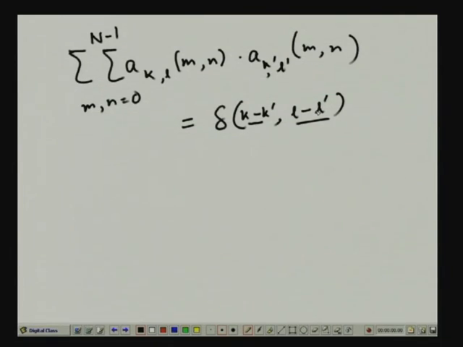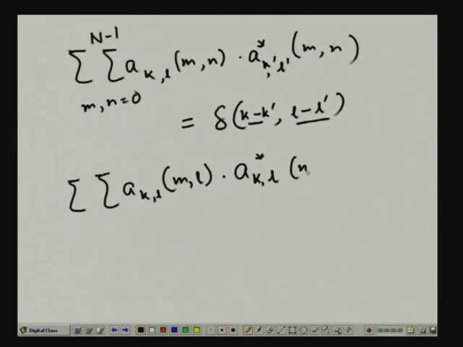And the completeness says that if I take the summation A k L m n into A k L, sorry, this should be A k dash L dash star. So, A k L star m dash n dash, summation is taken over k and L equal to 0 to capital N minus 1.